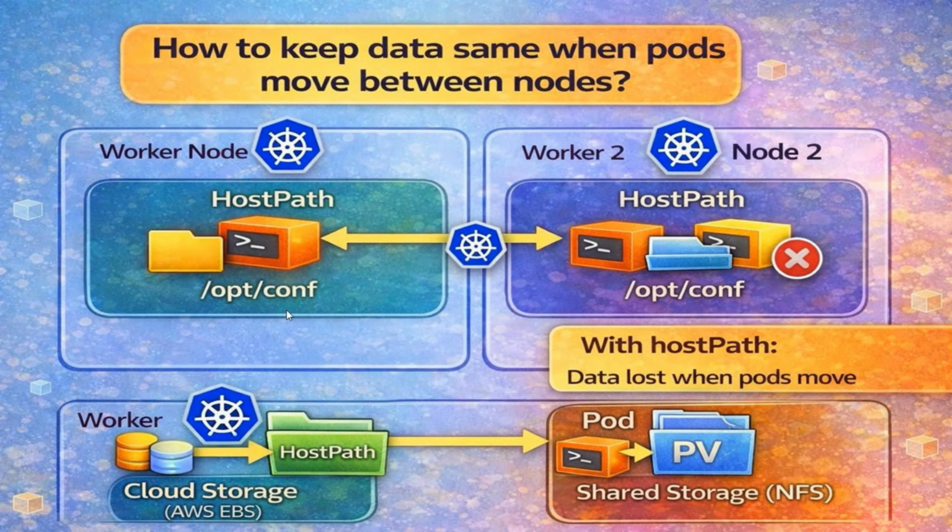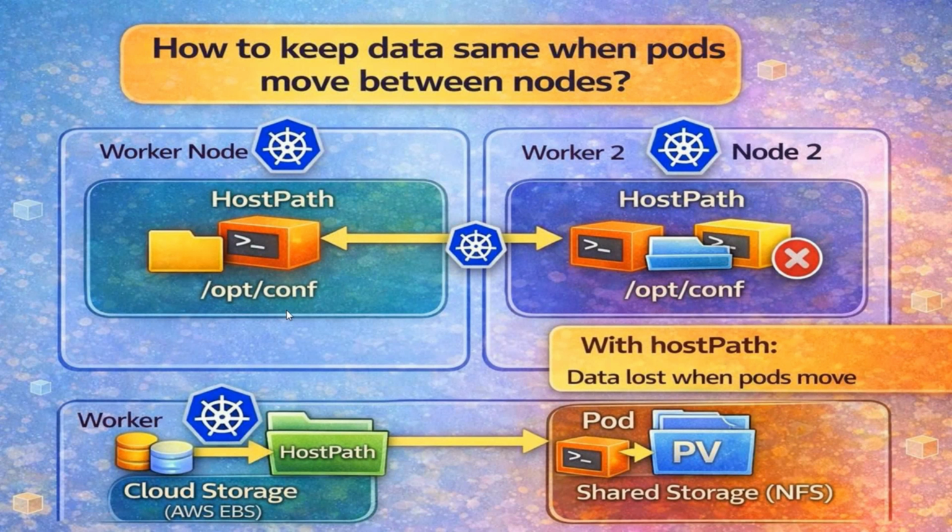/opt/conf, into the container. So when the pod is running on worker node 1, everything looks fine. Your data is written to /opt/conf on worker node 1. But Kubernetes does not promise that your pod will always run on the same worker node. When the pod is recreated, Kubernetes might place it on worker node 2 or worker node 3.